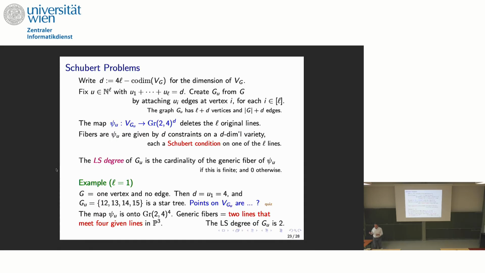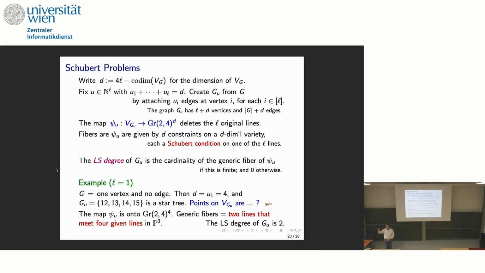These are configurations of 5 lines, namely 4 exterior lines meeting the one central line. Now, the map psi, lovingly called the Landau map by Matteo, deletes the central line, and only the 4 free-floating lines stay around. Now, what's the fiber? The fiber is the lines that meet 4 given lines in P3.